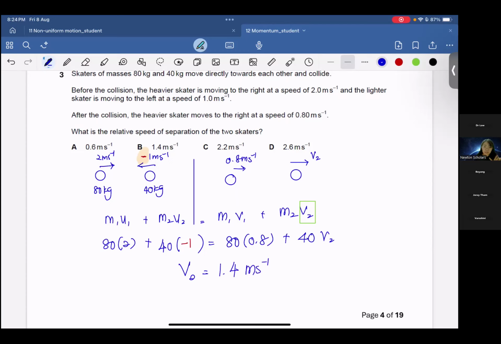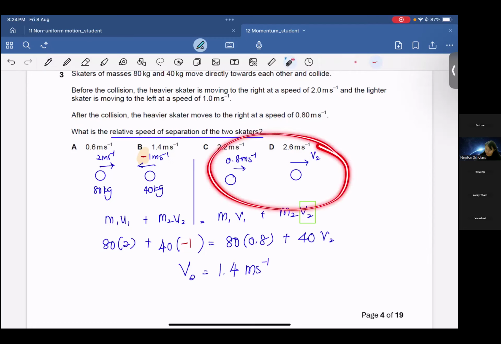But boys and girls, this is not our final answer. The question is asking for the relative speed of separation. V2 is positive, which means the direction is to the right, same as the previous, because we set right as positive.